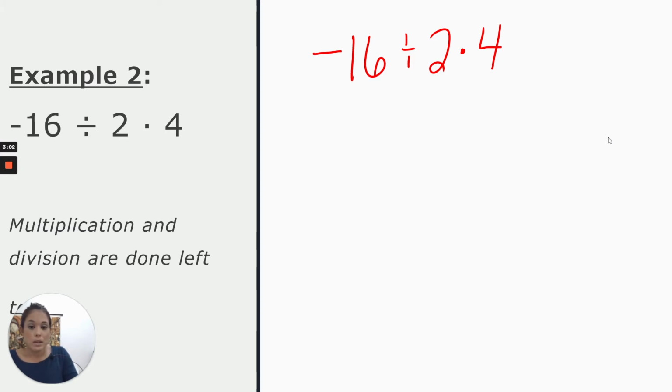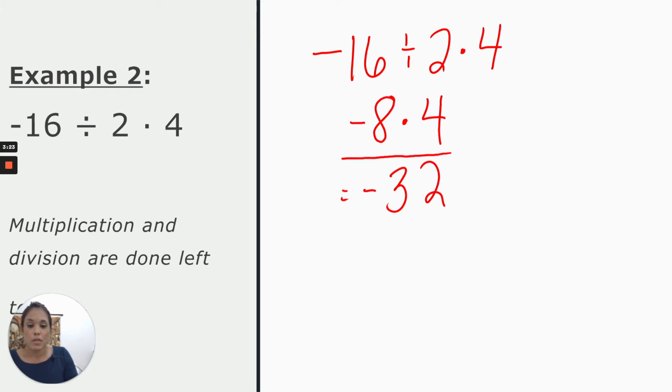So 16 divided by 2 is 8. And I'm going to keep that negative sign because a negative divided by a positive is negative. I'm going to write the remainder of my problem. 8 times 4 is 32, and a negative times a positive is a negative. So my answer is -32.